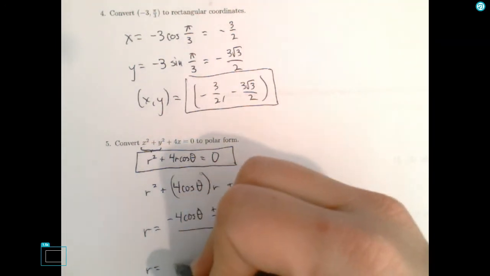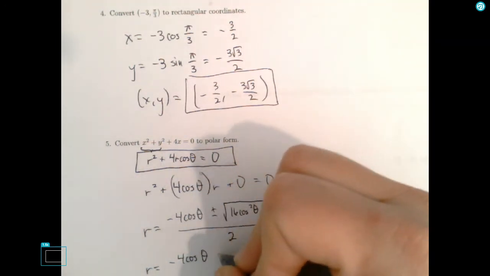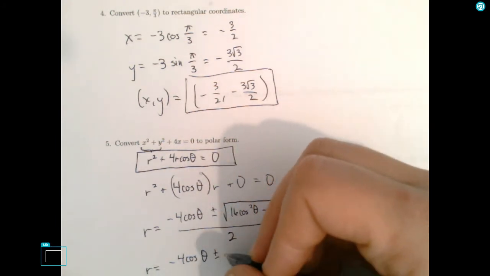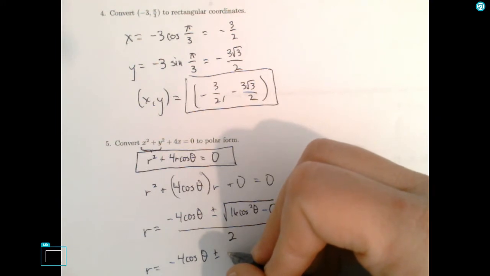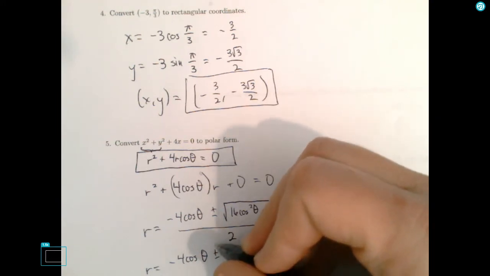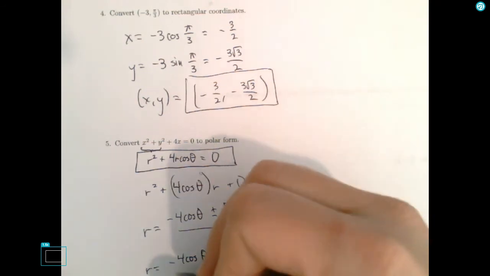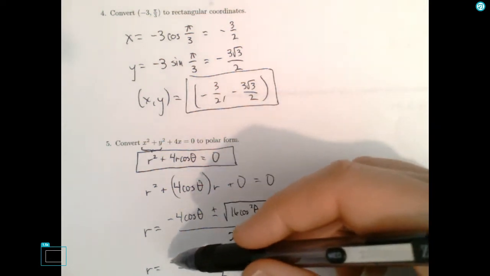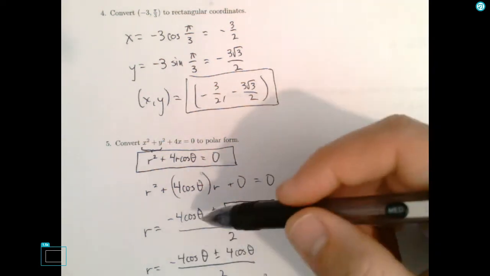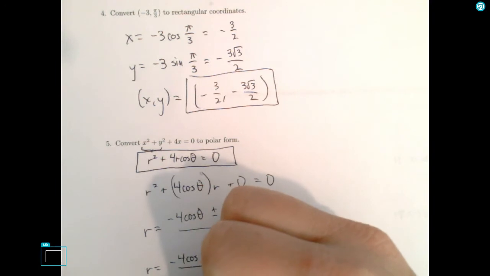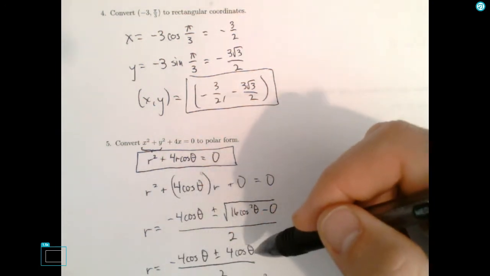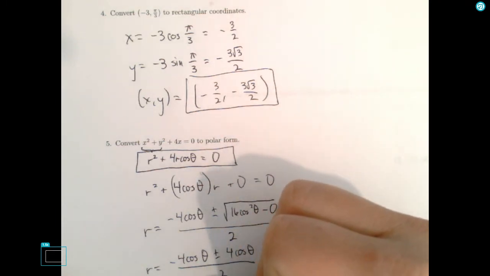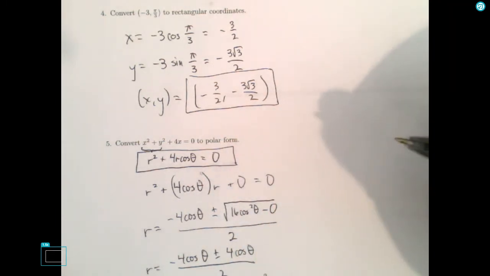So you get r equals -4 cosine theta plus or minus the absolute value of 4 cosine theta. I'm just going to say, since we're already doing a plus or minus thing, that, anyway. So if you have -4 cosine theta plus 4 cosine theta, that's 0. So you get r equals 0, or if you do -4 cosine theta minus 4 cosine theta, you get -8 cosine theta divided by 2, which would be -4 cosine theta.